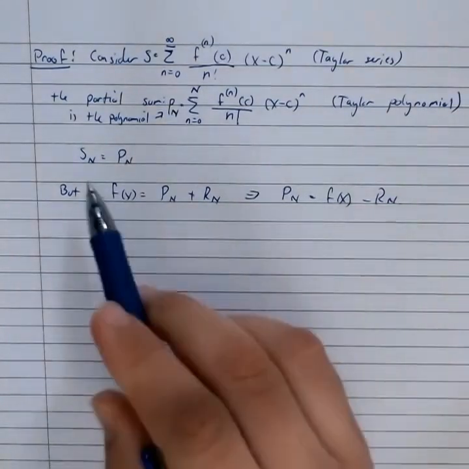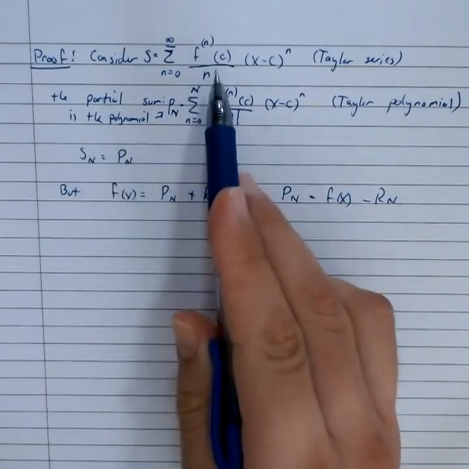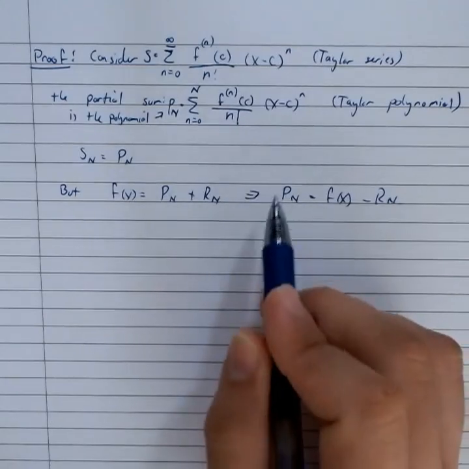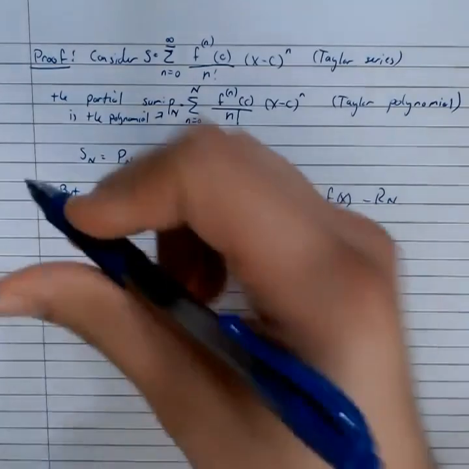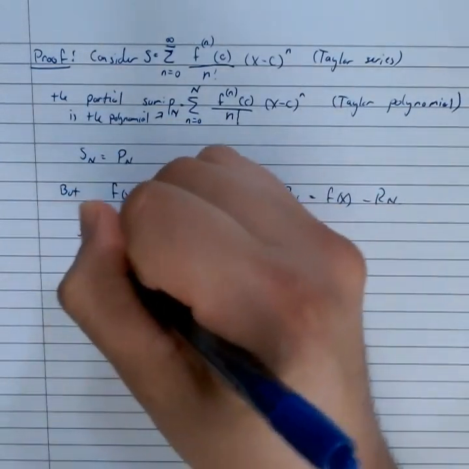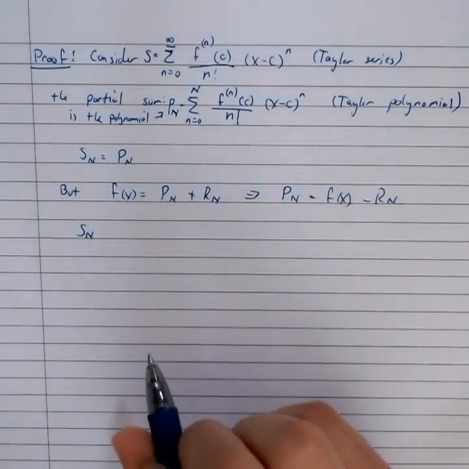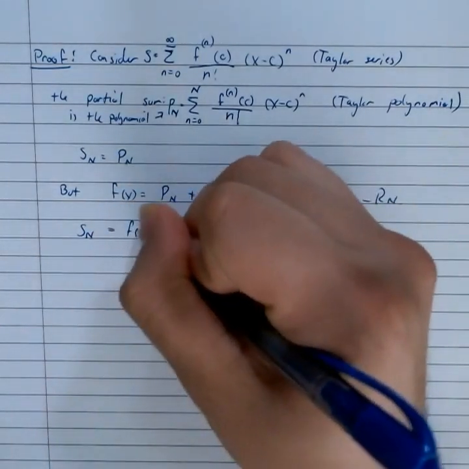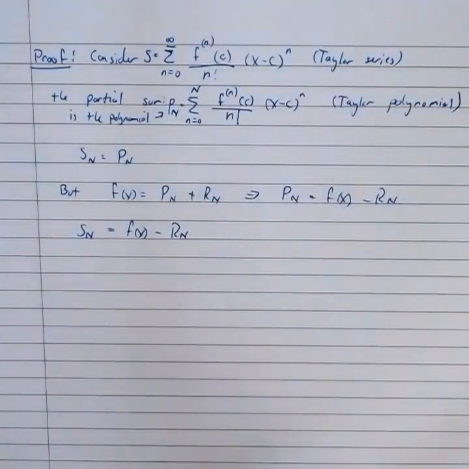Well, if S sub n, the nth partial sum of our Taylor series, is equal to the nth Taylor polynomial, and the nth Taylor polynomial is equal to the function minus that remainder, then by plugging this in for P of n, I get that the nth partial sum of my series is given by f of x minus r of n.